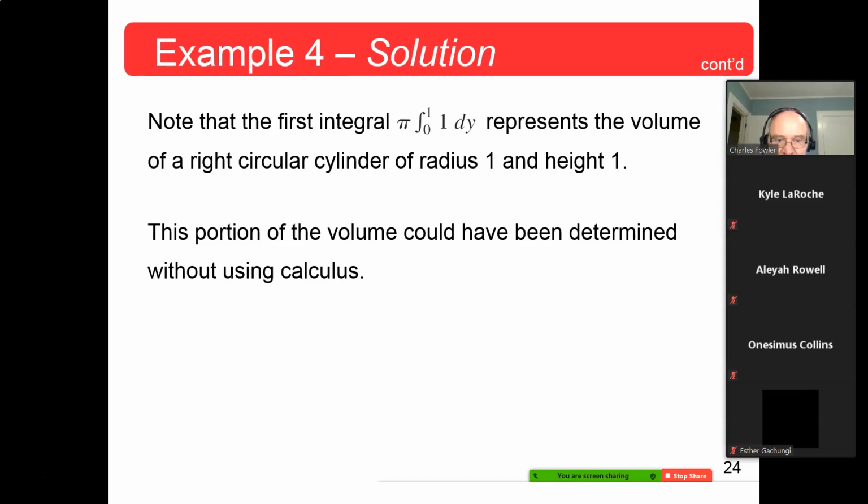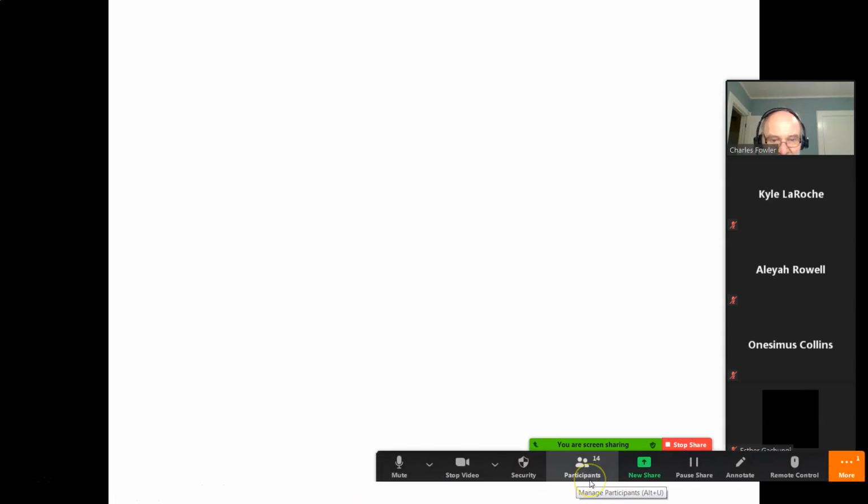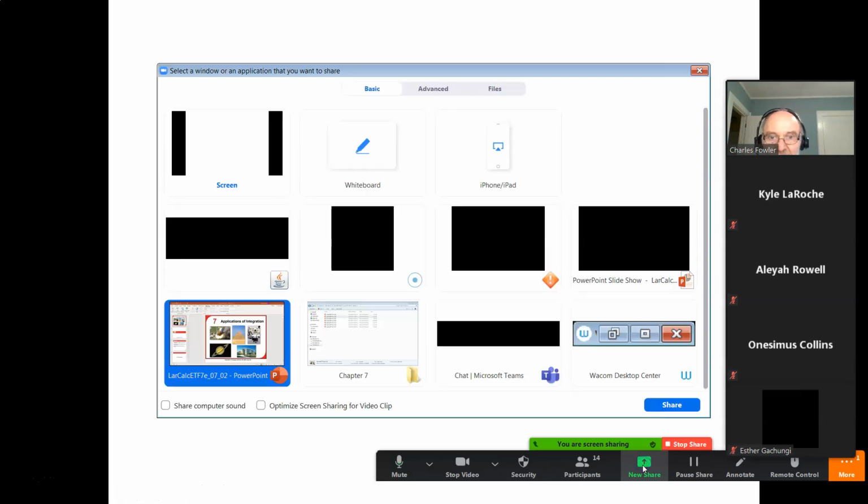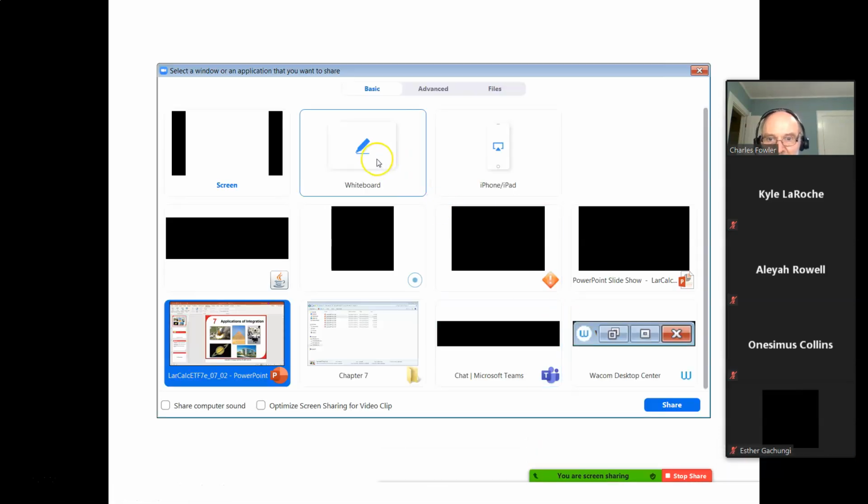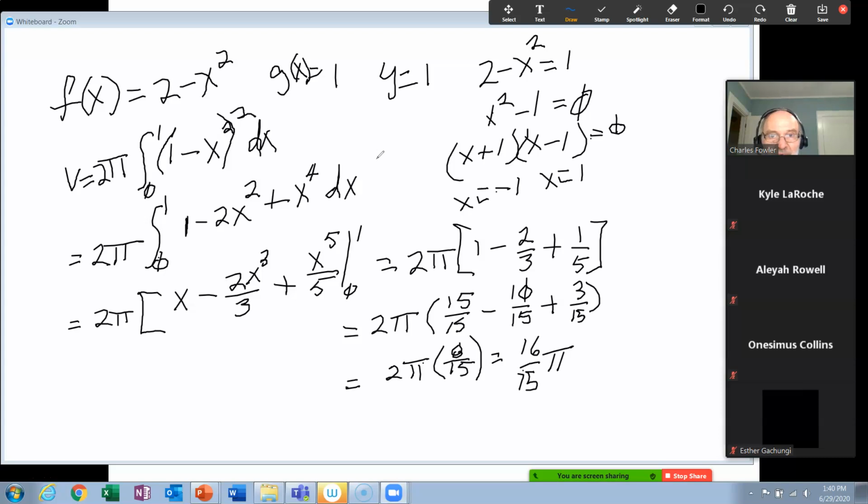Okay, so let's go to the white page. Oh, how did that happen? I'm not sure where we went there. It looked like the white page, but it wasn't. I'm going to clear this. This, by the way, is the last example we did on the drawing.